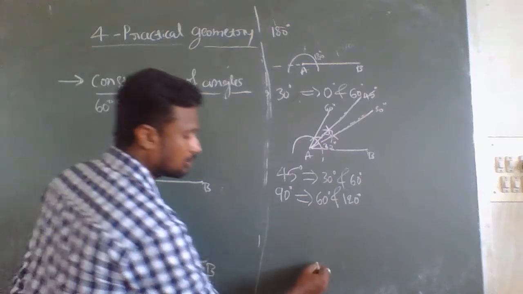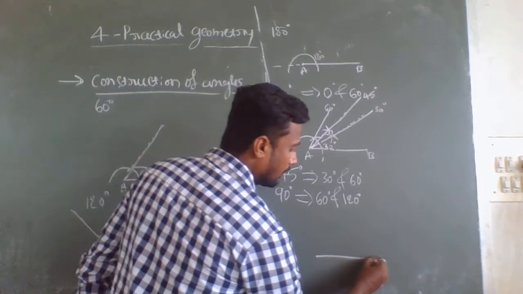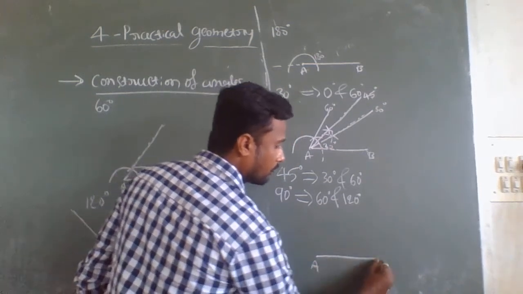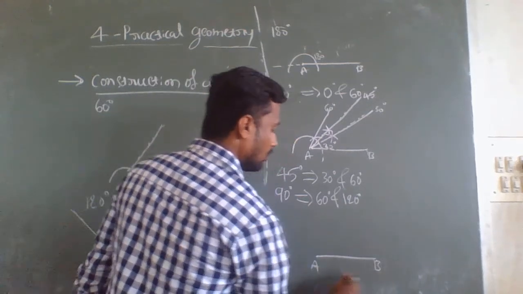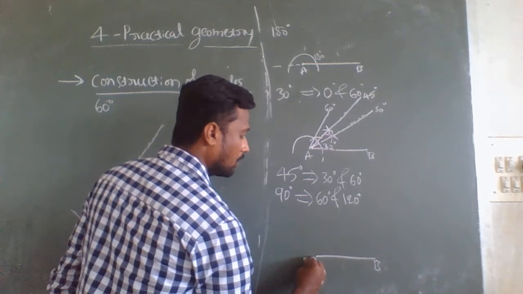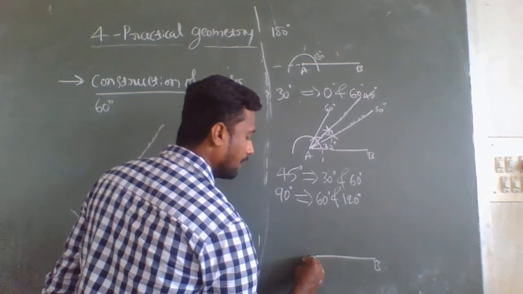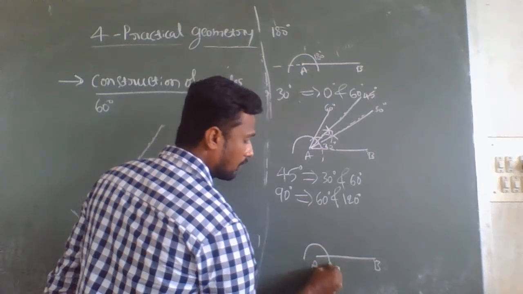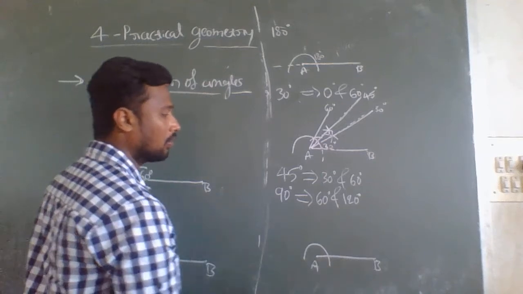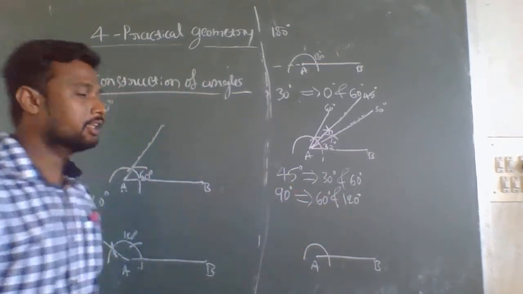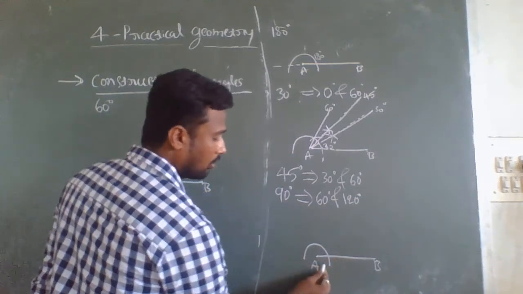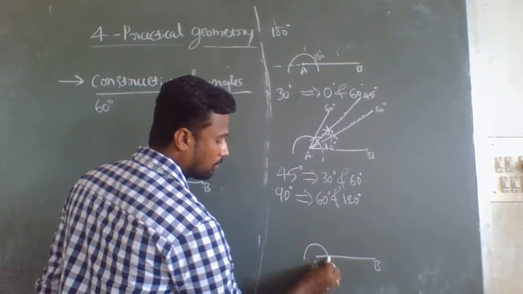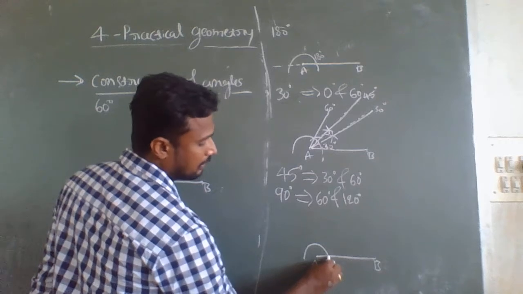See here, for example, again I will consider line AB. Now I will draw an arc by keeping the compass on point A. So here I will get like this, and you all know how to get 60 degree and 120 degree. So here I will draw an arc by keeping the compass on this intersected point.